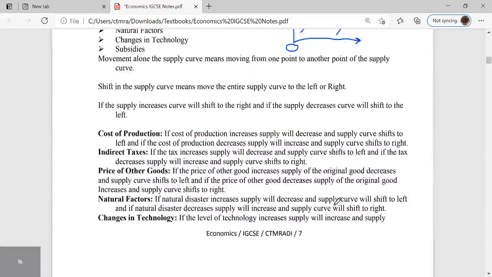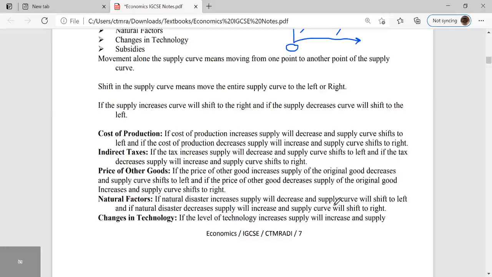It will be discouraging for suppliers to supply more. They will supply less when the cost is rising, because it's difficult to increase price. Maybe your price remains the same but your cost is rising, so the supply will fall as your profit is falling.